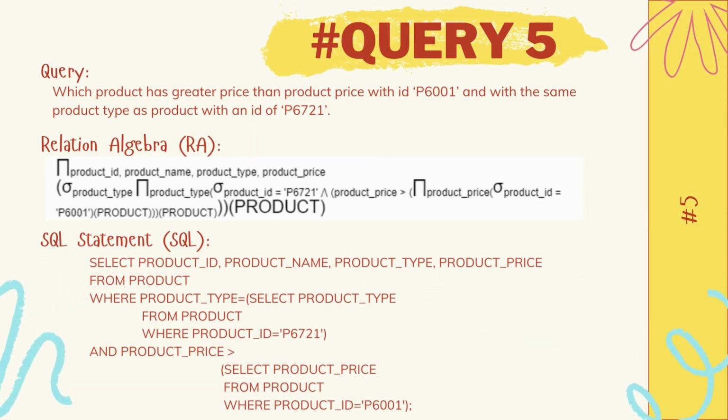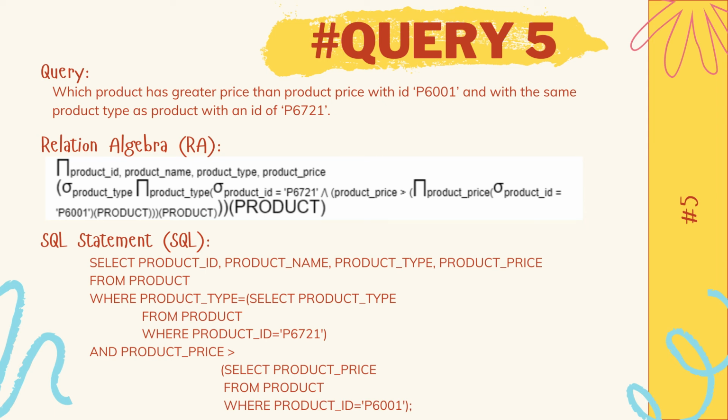Next, for the last query, the query is which product has a greater price than the product price with ID P6001 and with the same product type as the product with an ID of P6721. This is the relational algebra.